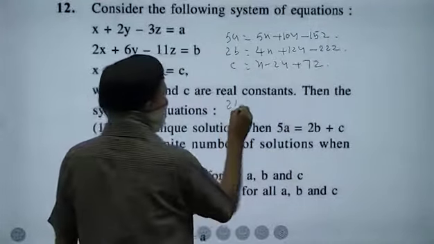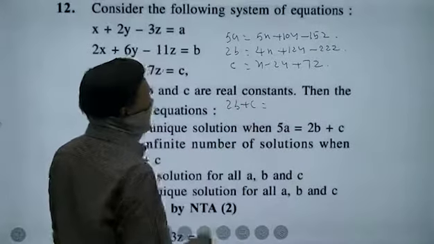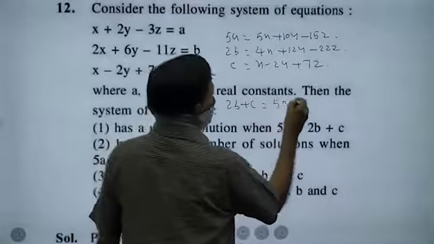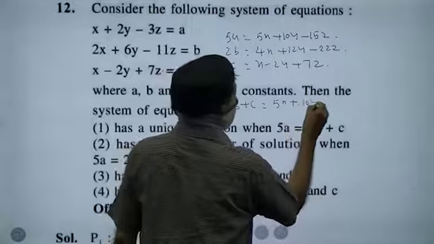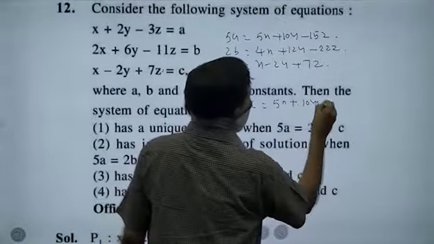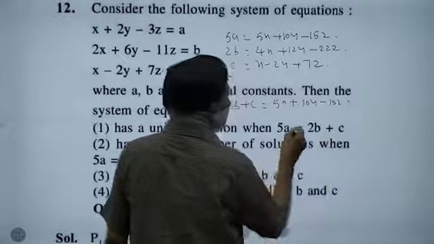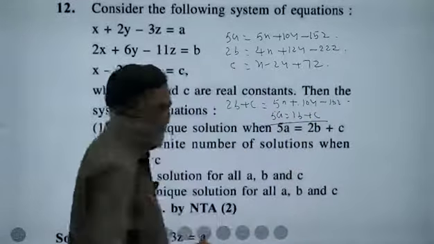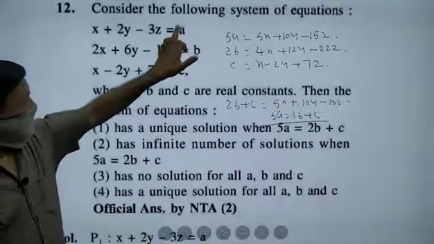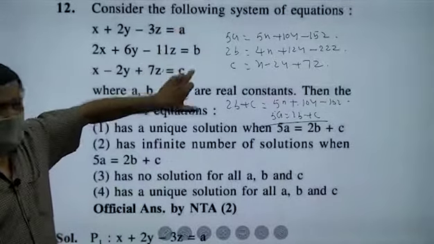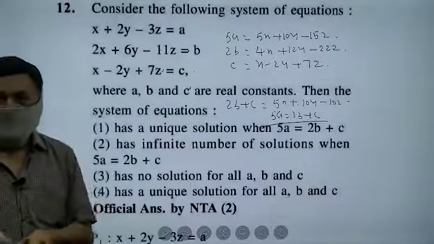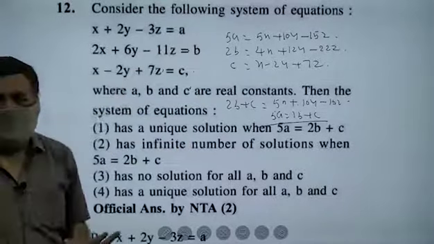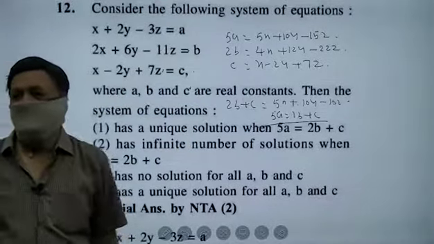Now, what is 2b plus c? 5x plus 10y minus 15z. So, 5a is equal to 2b plus c you are getting. That means this can be expressed as linear combination of these two. Therefore, this set will have infinitely many solutions.